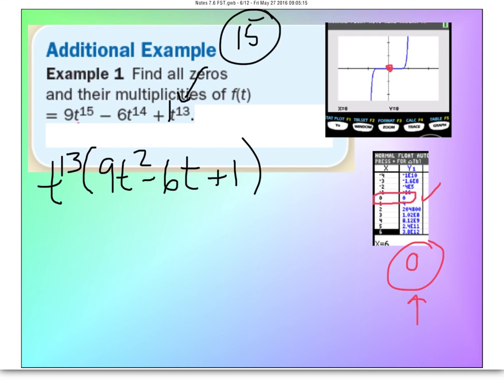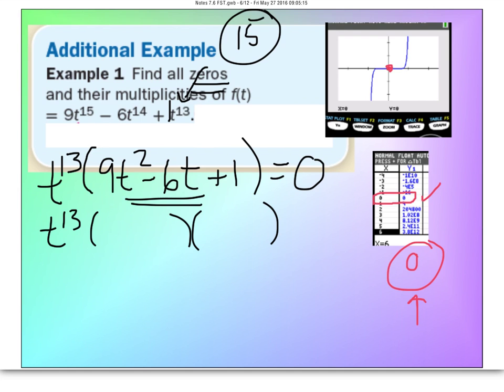And they want us to find the zeros, so take the expression and set it equal to 0. Okay, I'm going to keep t to the 13th here. This is factorable, by the way, into two groups. I have to take 9t squared, so t and t go here. I need factors of 9. It's either 9 and 1 or 3 and 3. I suspect it's going to be 3 and 3.